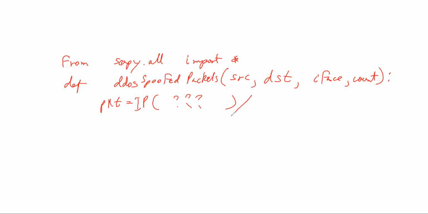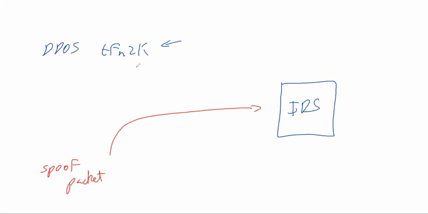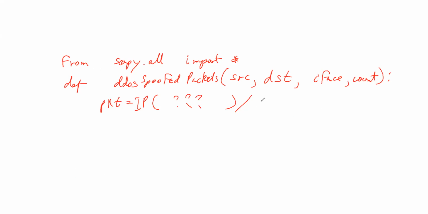Then you figure out, well, if I'm trying to do a denial of service DDoS TFN2K, is that an ICMP? You'll check the signature. In this case, it would be, so then it's going to be ICMP. And then again, the fields, right?